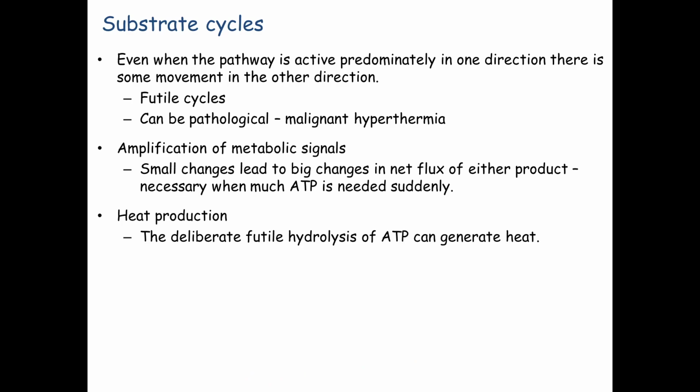All right, so let's talk about some things that can go wrong other than diabetes. It's something called futile cycles. If I'm doing glycolysis and gluconeogenesis simultaneously, what will be accomplished?